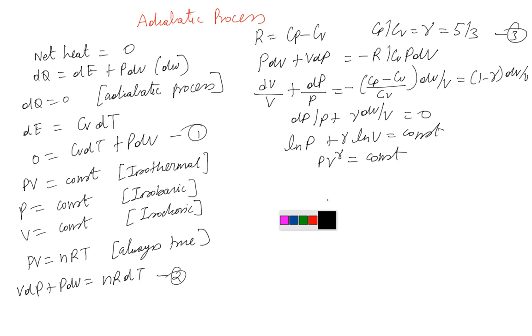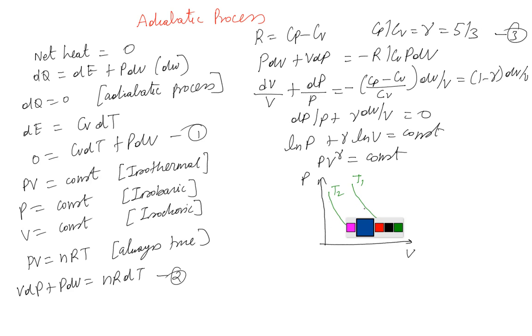How does it look? Well, if you draw a pressure-volume diagram, and then draw two isotherms, which means isothermal processes, this is T1, this is T2, and then your adiabatic process is going to look something like this.